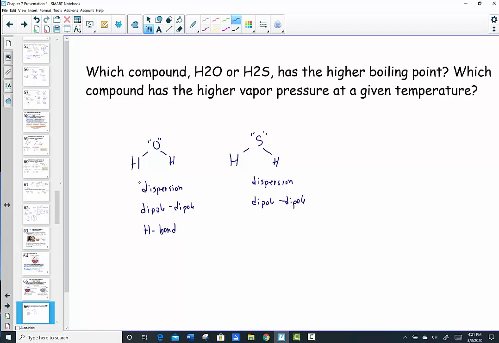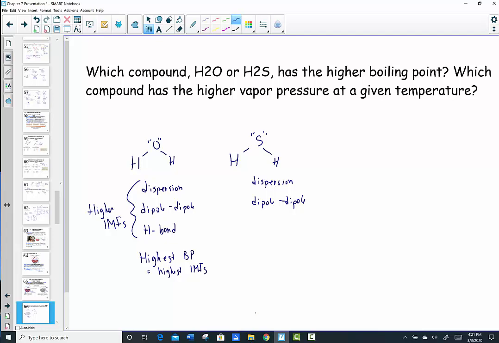So therefore, this has higher intermolecular forces. So which has the higher boiling point? Well, water does, because it has the highest intermolecular attraction. It's going to take the most energy to break the attractions to force the phase change. Highest boiling point is the highest intermolecular attractions.